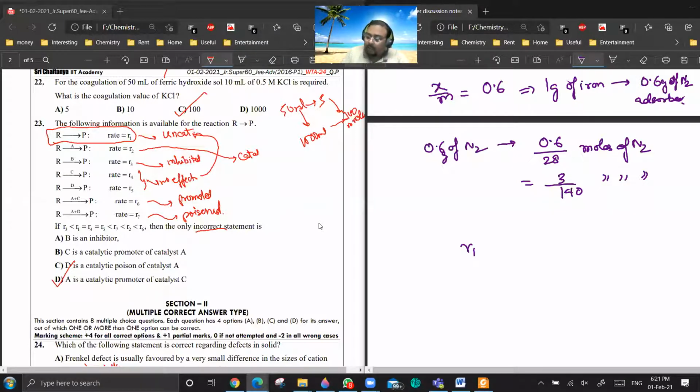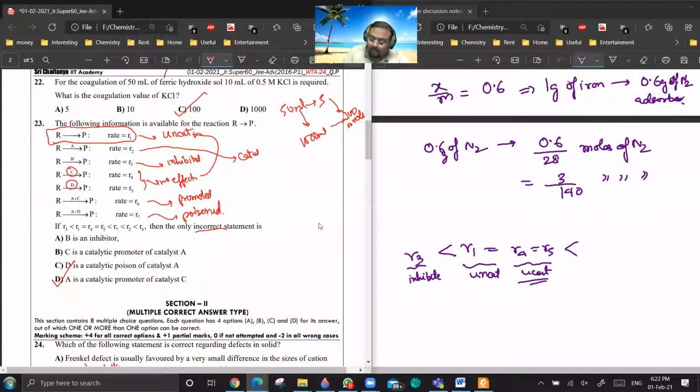Uncatalyzed is R1. If something is less than R1, then it has to be what? Inhibited. And if something is equal to R1, which is R4 and R5, then obviously it is uncatalyzed only, meaning whatever substance is there, they are not catalysts or they are not affecting the rate of the reaction.